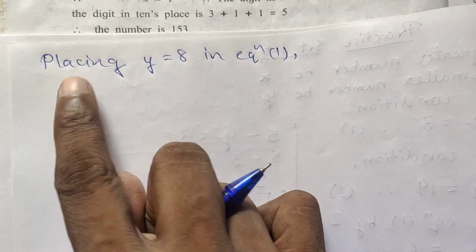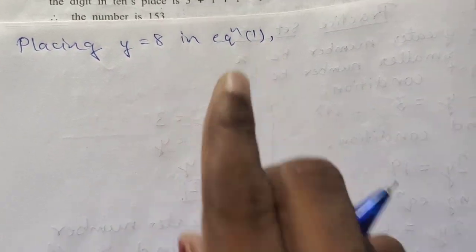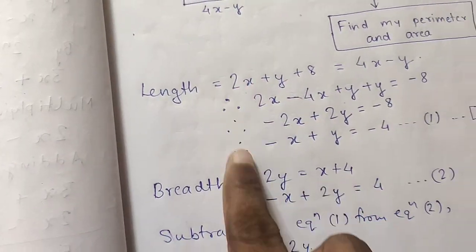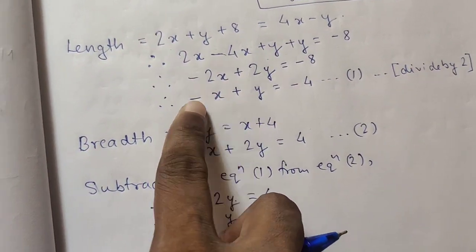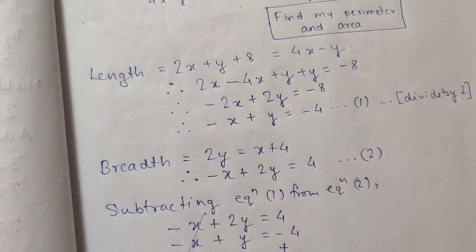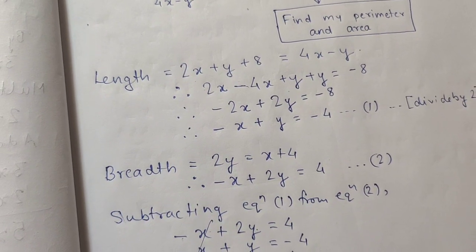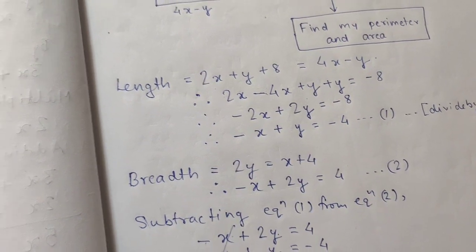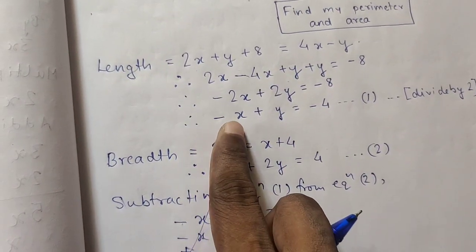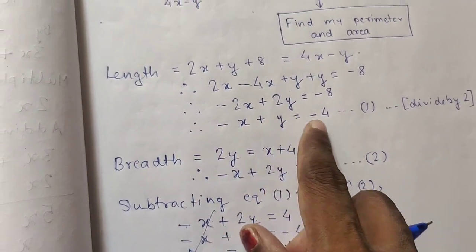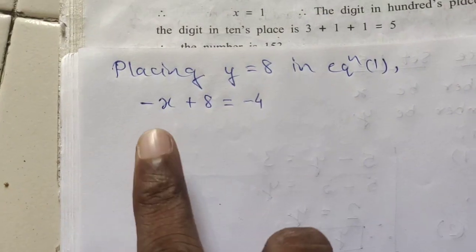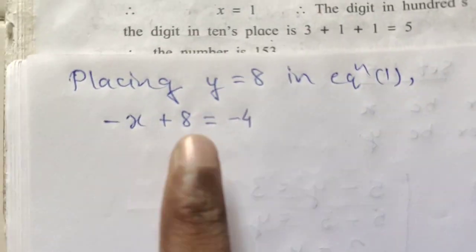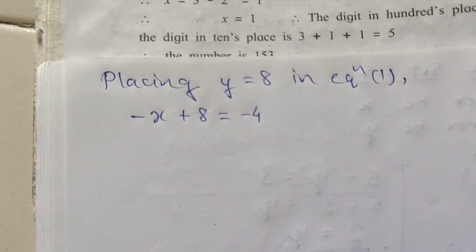Okay. So placing y equal to 8 in equation 1. Now what is your equation 1? See here. So in this equation what I have to do, in place of y I have to write 8. So this becomes minus x plus 8 equals minus 4. So that is what I have written. Minus x plus 8 is equal to minus 4.